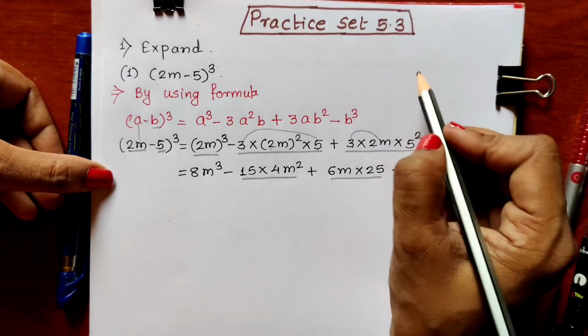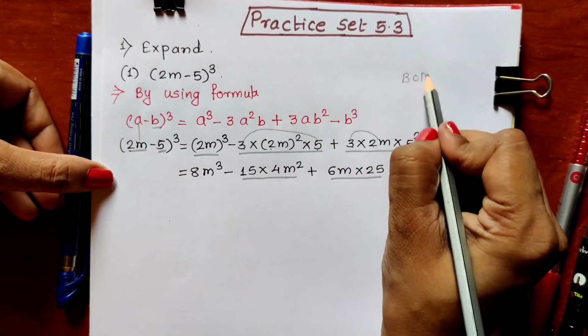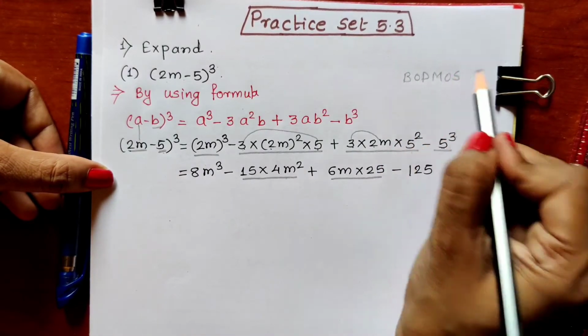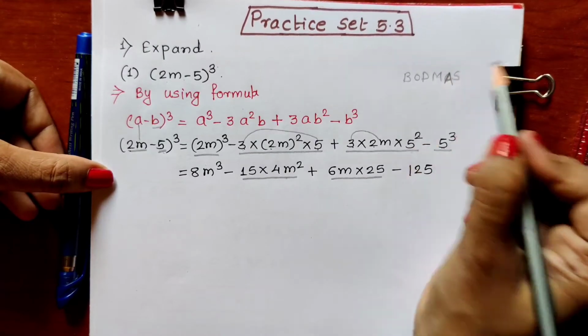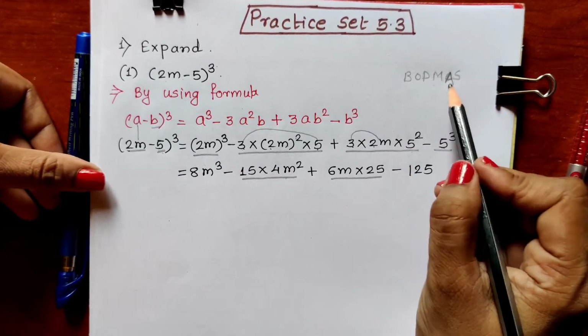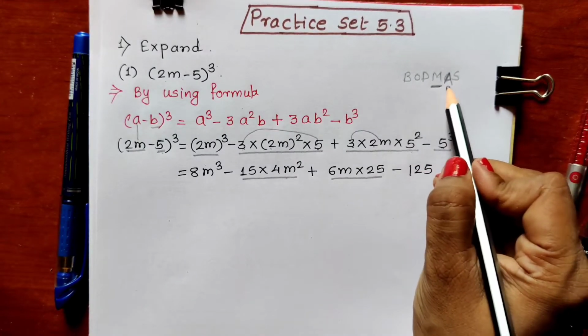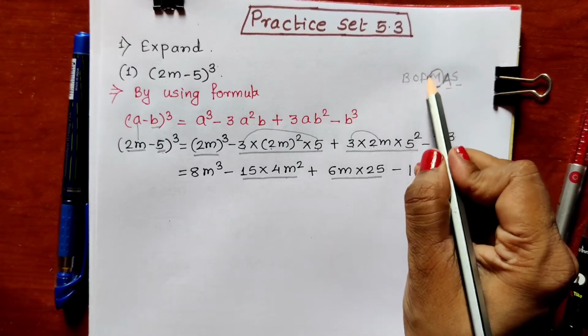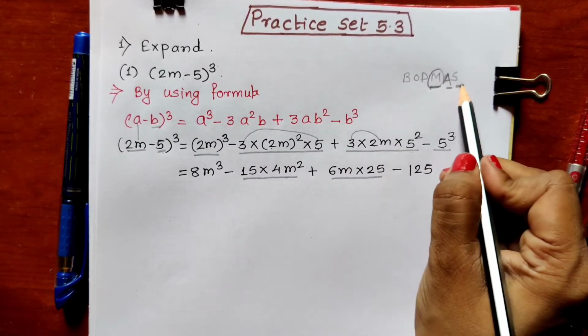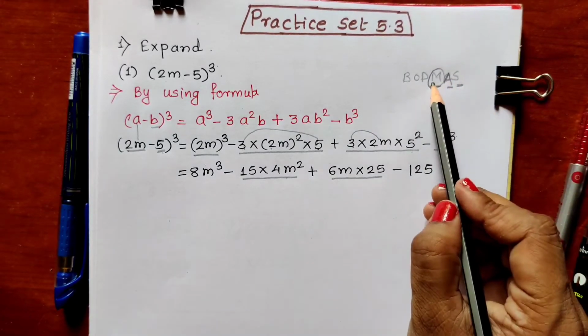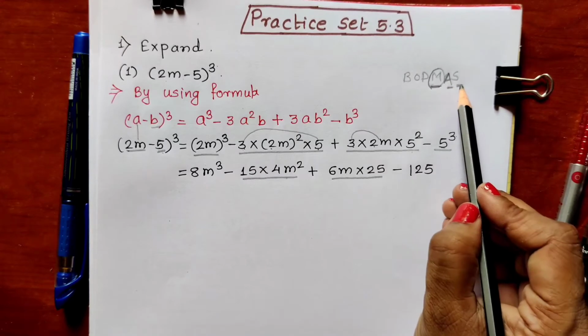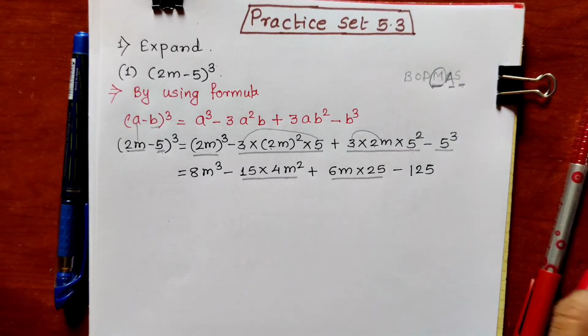So always we have to apply the BODMAS rule. Always the multiplication comes first and it is followed by addition and subtraction. So always we have to do multiplication first, after that we can do addition and subtraction. M means multiplication, A means addition, S means subtraction. We all know this BODMAS rule.